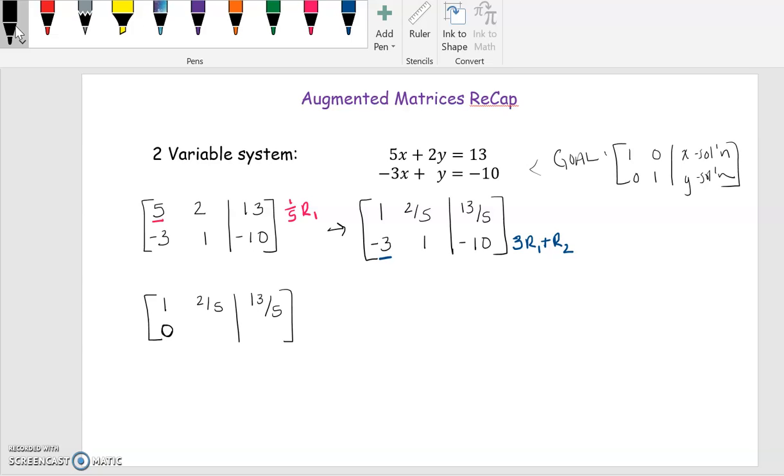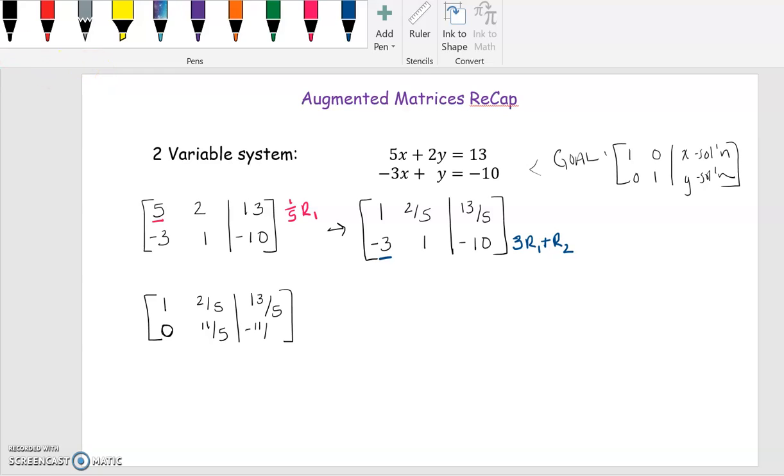Added to 1 is going to be 11/5. And then 13/5 times 3 is 39/5. Added to -50/5 is going to give me, did I do that right? 39/5 minus 50/5, so that's -11/50. That's not correct, it should be fifths. Let me fix that.